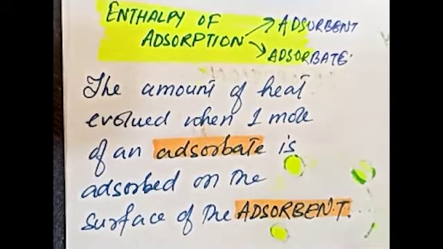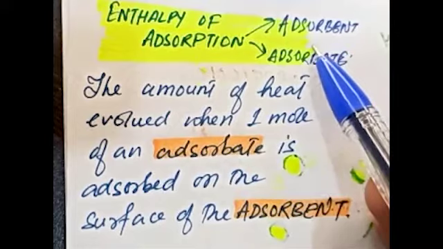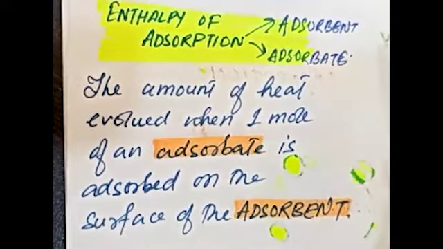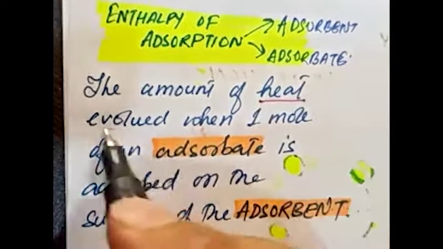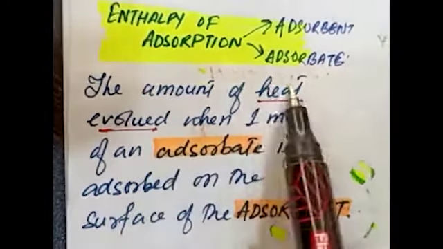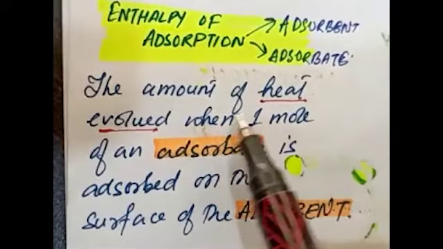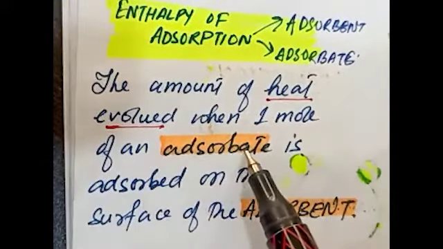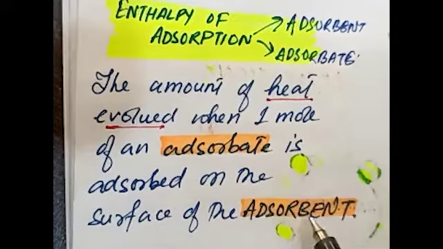तो अगर बॉन्डिंग क्रिएशन हो रहा है, बॉन्ड इज फॉर्म्ड बिटवीन देम, बॉन्ड मेकिंग हमेशा एक्सोथर्मिक होता है. इट इज ऑलवेज एक्सोथर्मिक. एक्सोथर्मिक होने का कारण है दिस इज हीट इवॉल्व, द अमाउंट ऑफ हीट इवॉल्व. ठीक है, when 1 mole of an adsorbate is adsorbed on the surface of the adsorbent.